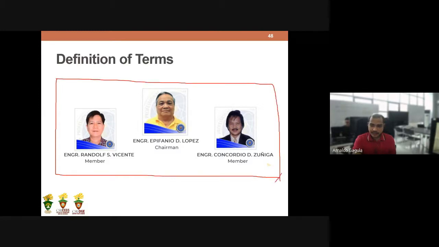So sila yung hatag o board exam sa geodetic engineers. We have our chairman, Engineer Epifanio Lopez, and the two members are Engineer Randolph Vicente and Engineer Concordio Zuniga. So sila ang gabuhat or sila yung muhatag o questions na answeran or i-take sa mga mo-take o geodetic engineering licensure examination.